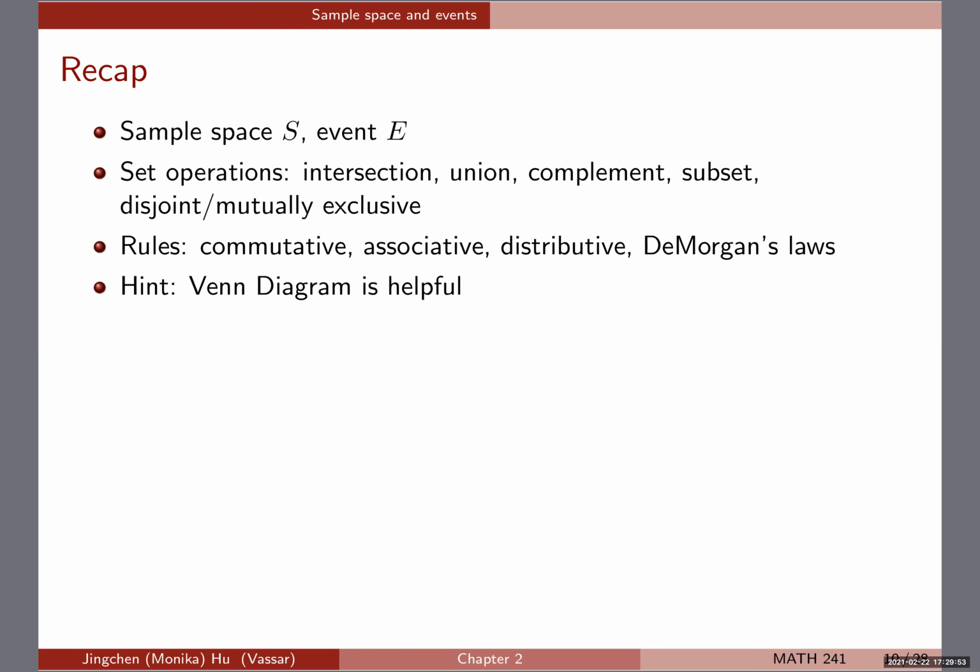Then the four rules in total: commutative, associative, distributive, and De Morgan's law. And lastly, always remember that if you're a little bit unsure about whether things are working the way that you understand, you can always use the Venn diagram. It is really helpful as you can sketch out a rough plan and then look at how the different events are interacting with each other.